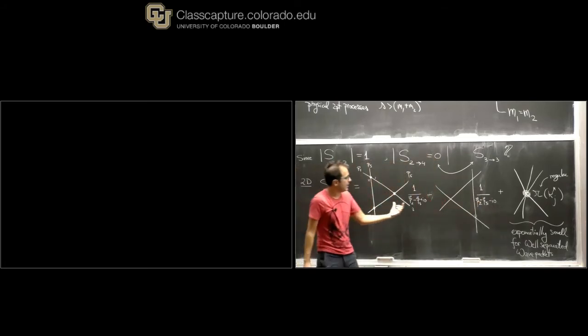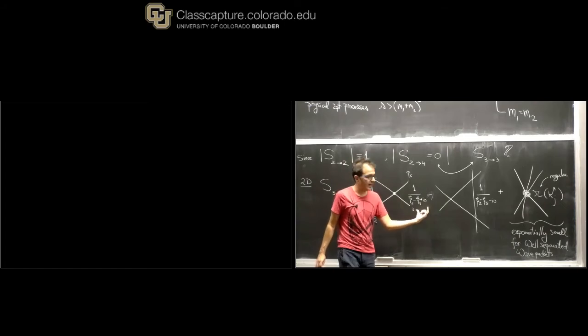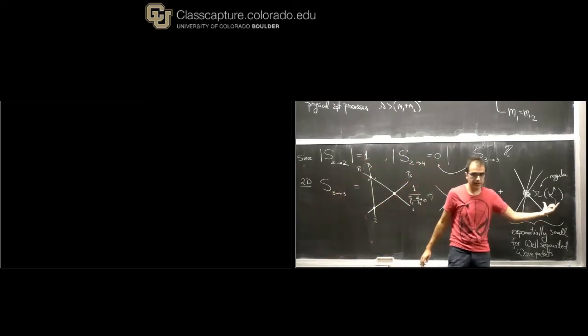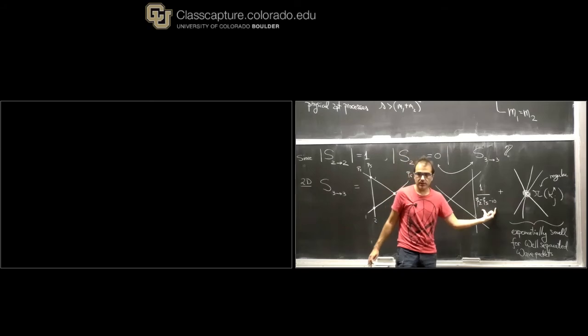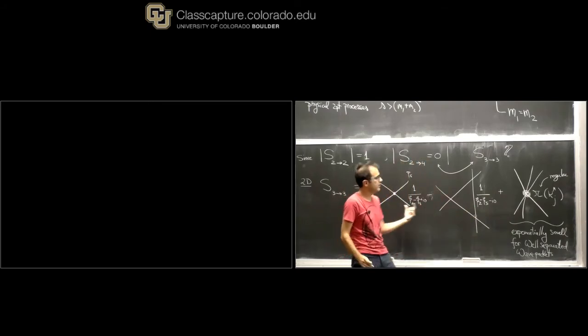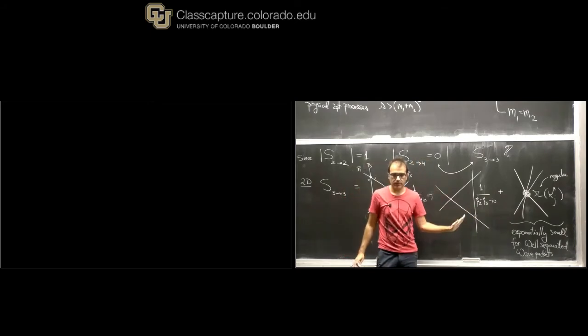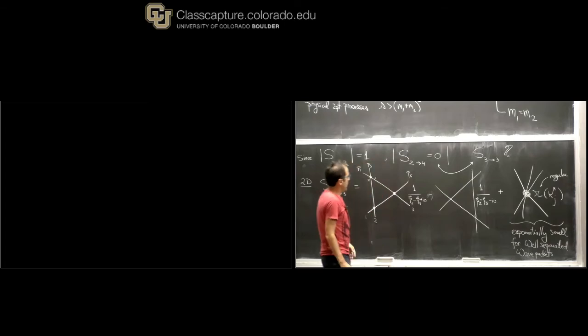The claim is that all 3 to 3 S matrices have two singular terms and a regular part. The singular terms come with different i epsilon prescriptions, and it is important that they come with a different one, because it's what guarantees that when I move wave packets in the right direction, I pick either this term or this term. Now you see that this term is a product of S matrices.